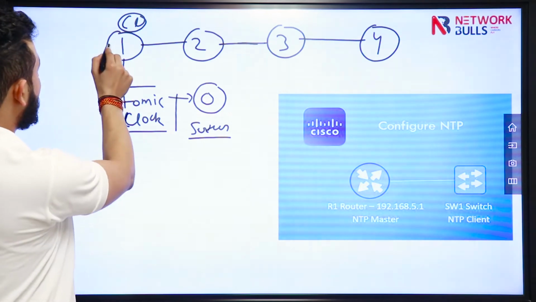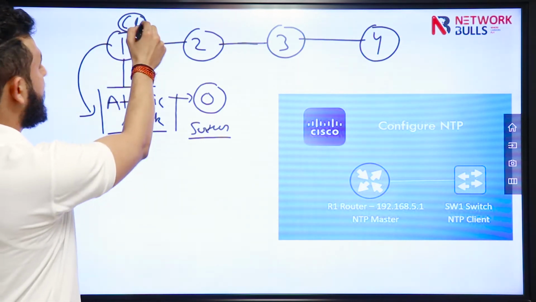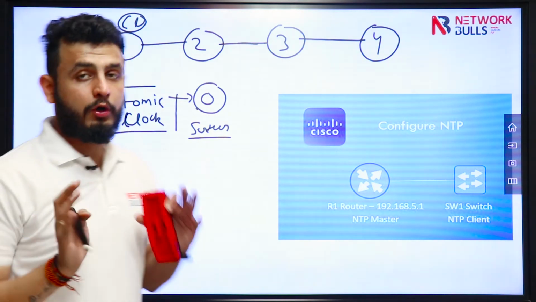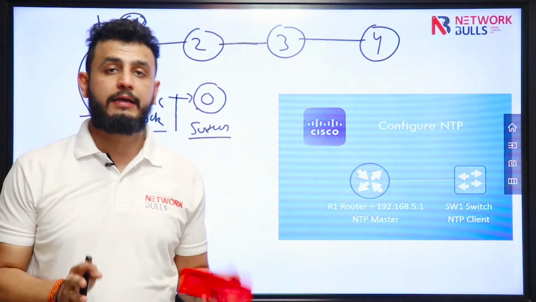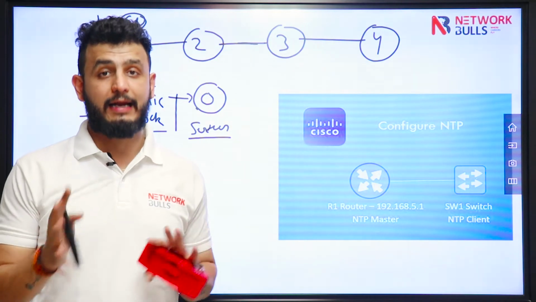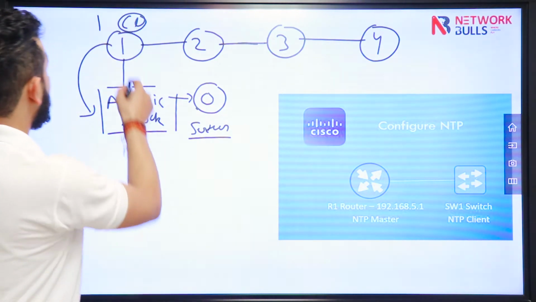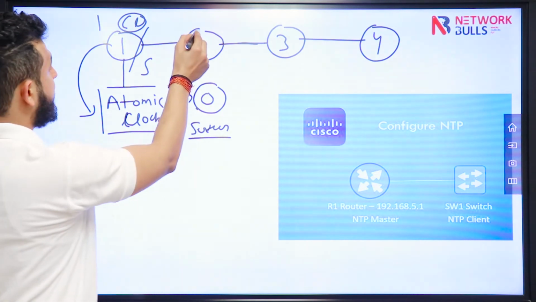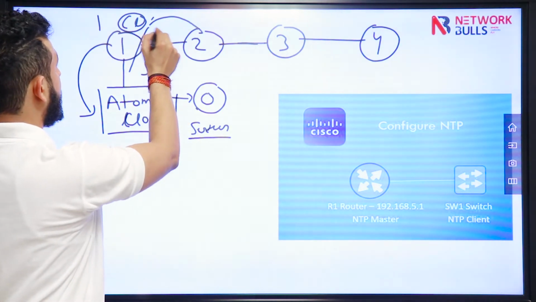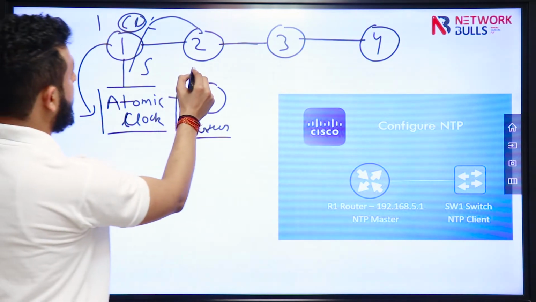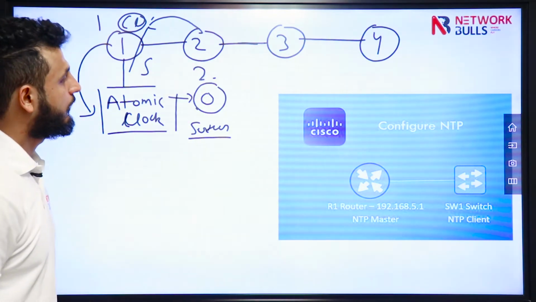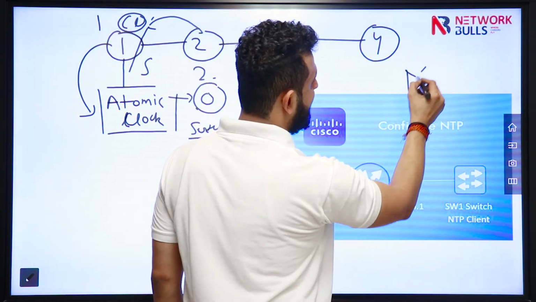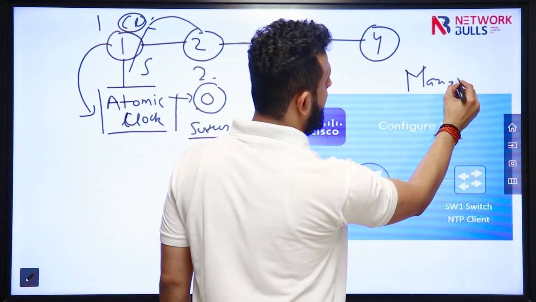R1 will sync time from this machine, so the stratum value on R1 will be 1. I told you a router has the capability of being server and client at the same time. So for example, you configure the router also as a server and R2 is syncing time from it. So the stratum value on R2 will be 2. Like this we can have a maximum stratum value of 15.